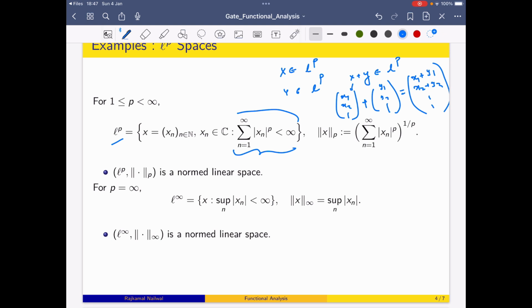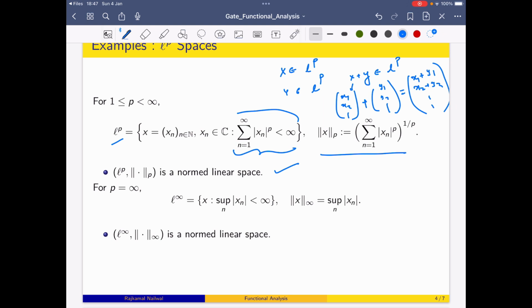Now that you have a vector space, you would like to define a norm on it. The norm is defined in this fashion, and you can check all three properties. This is a very famous norm on LP. So from here we have that LP is actually a normed linear space.